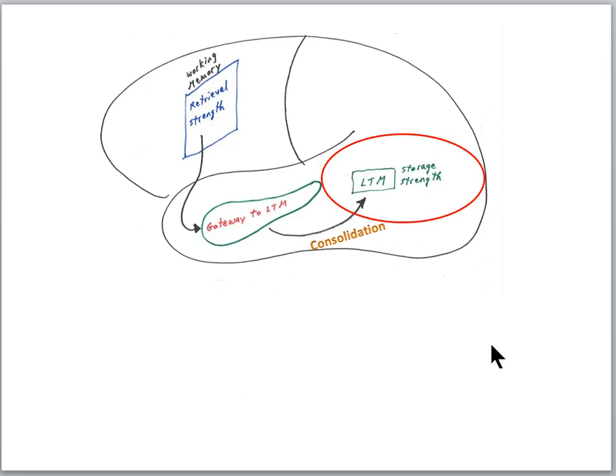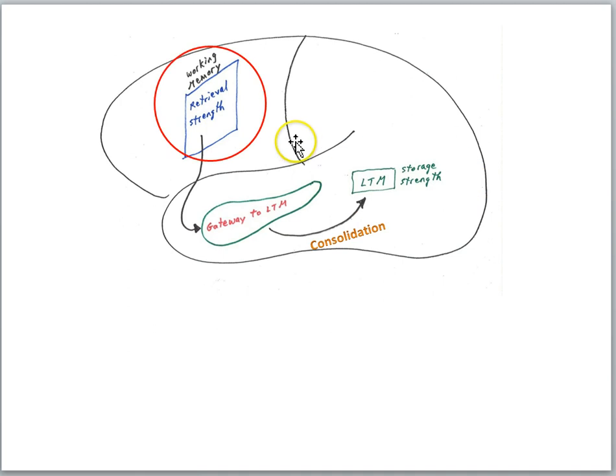In the previous lesson in this study strategies series, we learned about retrieval strength and storage strength. Storage strength is associated with the strength of the memory trace in the cortex as a result of consolidation processes. So as we strengthen synapses in the memory trace, we're increasing the storage strength. By contrast, retrieval strength was associated with the ease of access of the information, and that was associated with the working memory system.